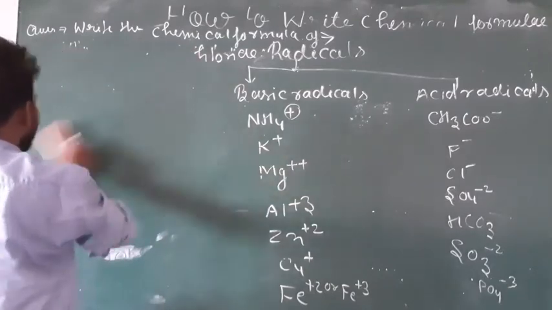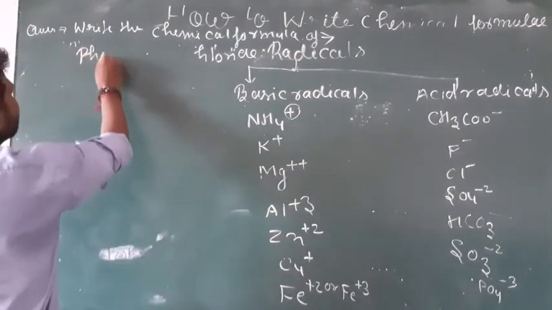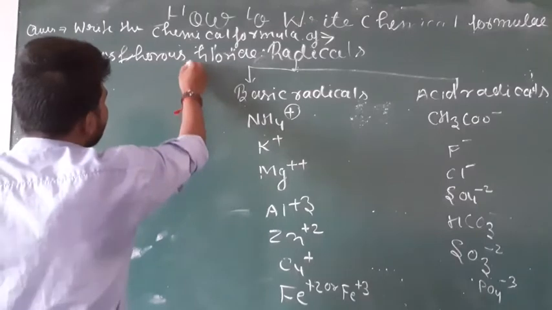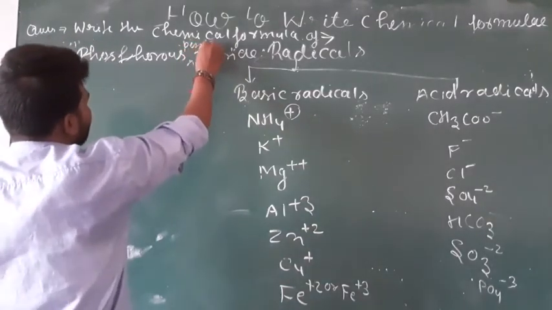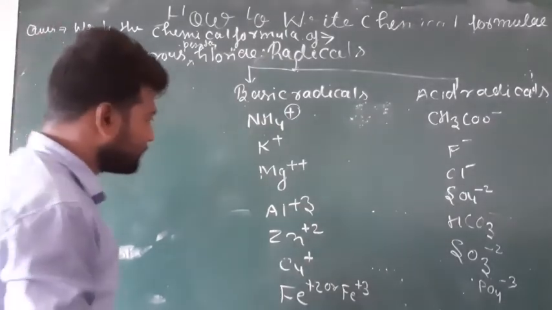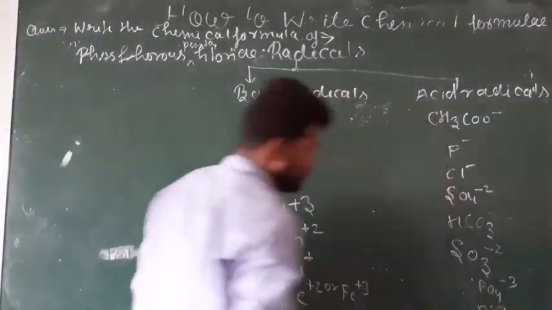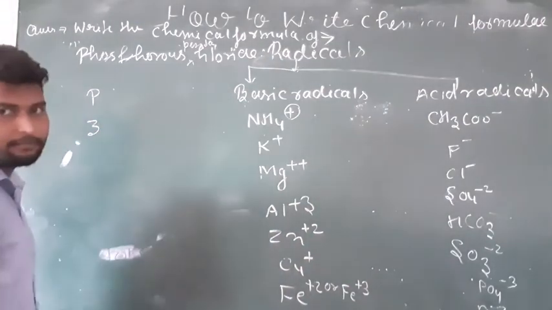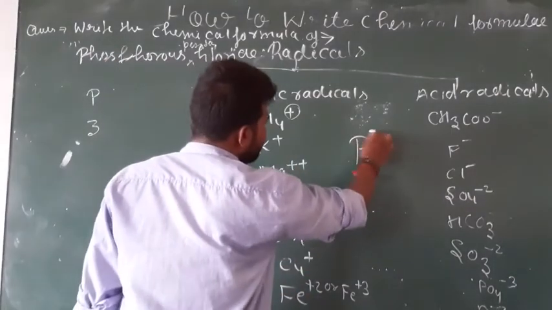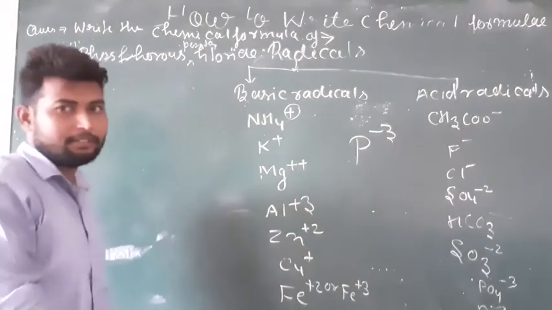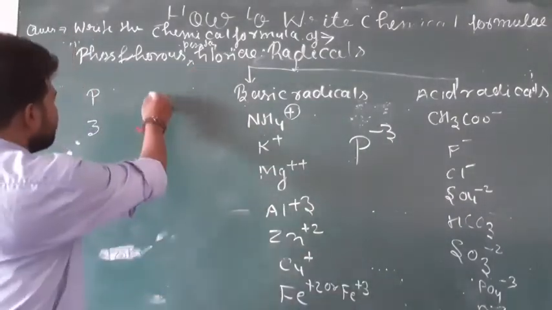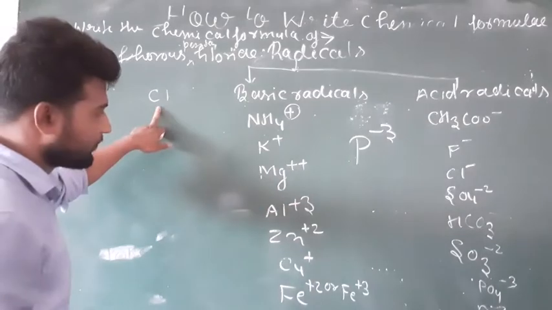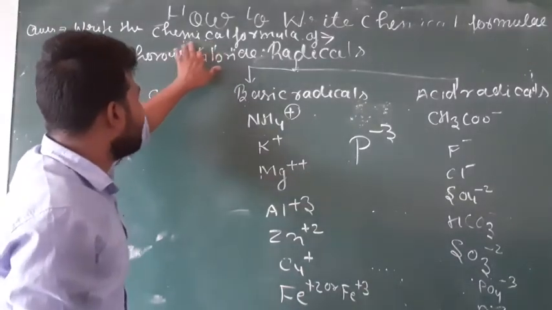Suppose phosphorus chloride, that is phosphorus pentachloride or phosphorus trichloride. Here I have taken valency 3, so phosphorus trichloride. The phosphorus symbol is P with valency 3.